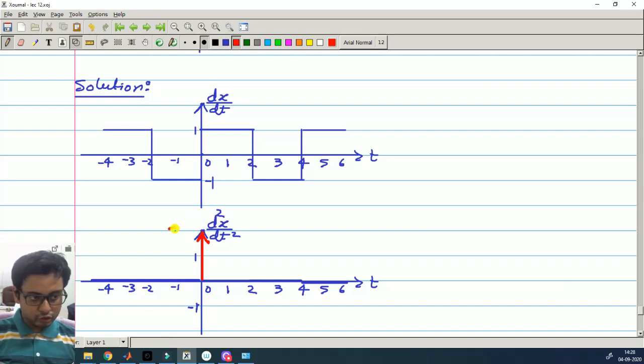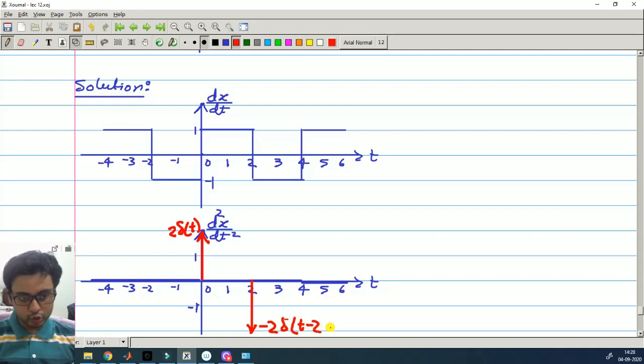Call it 2 delta t. 2 because the amount of jump is 2. Then here we have a negative jump which will result in a negative delta function, -2 delta t minus 2.